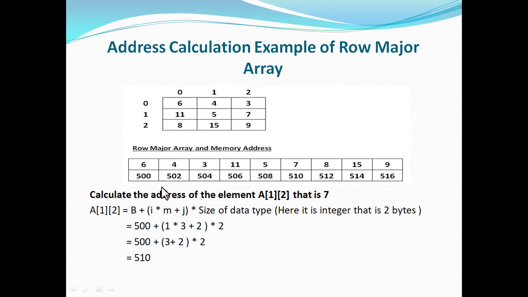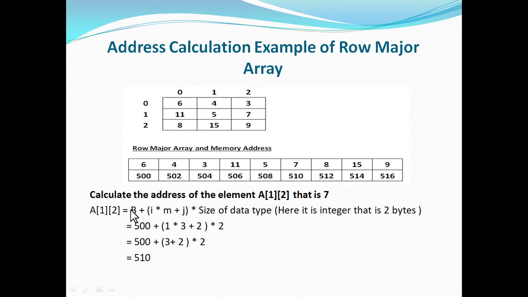So how can we calculate the address by the given formula? If we take the element a[1][2], that is first row and second column, that is the seventh element.